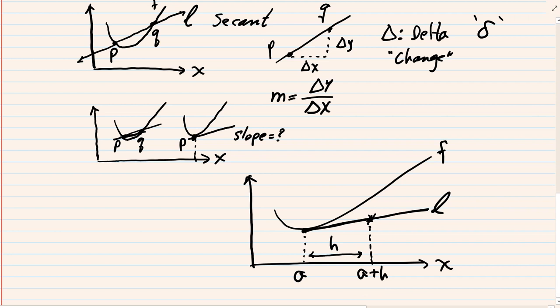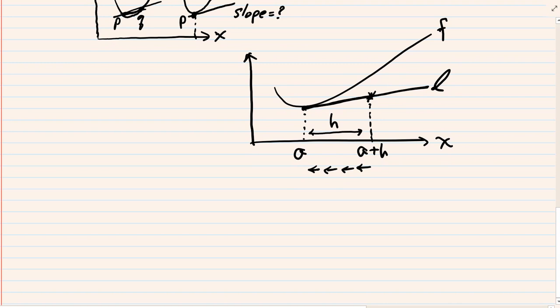Why don't we bring this point in, go in that direction, make it closer and closer to a. Now as this point gets closer and closer to a, then we can actually look at the slope of the tangent line at that point.